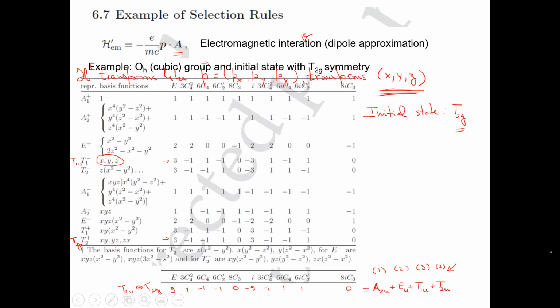Okay. So, what is the conclusion of this exercise?